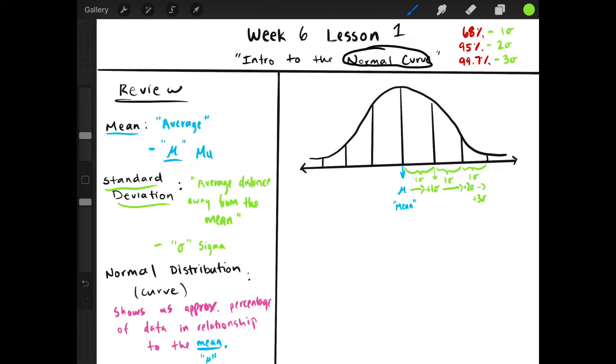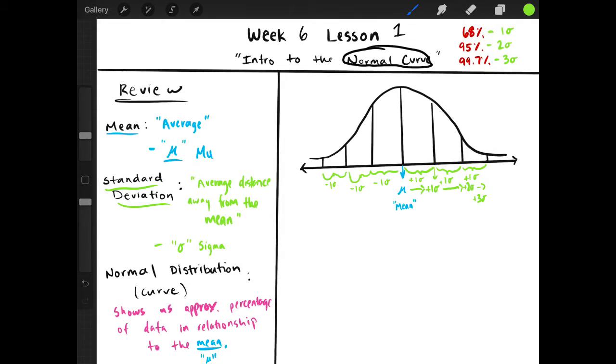If we're going to the left, we are instead subtracting 1 standard deviation each jump. So that's all you need to know: each jump we're either subtracting or adding a standard deviation.